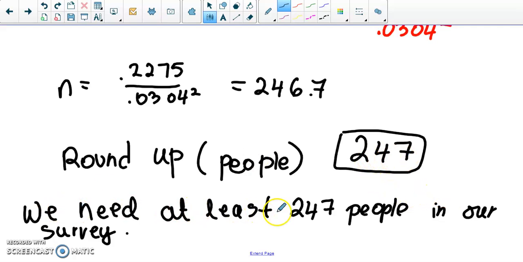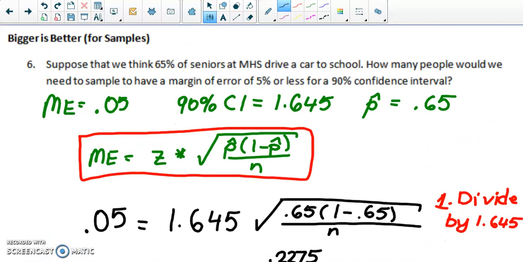So we need at least 247 people in our survey, if we go back to the problem, in order to have the 5% margin of error at 90% confidence interval. Now you can try the other problems, number 7 and number 8, that are pretty much again the same, for practice, and check your answers with Canvas notes.